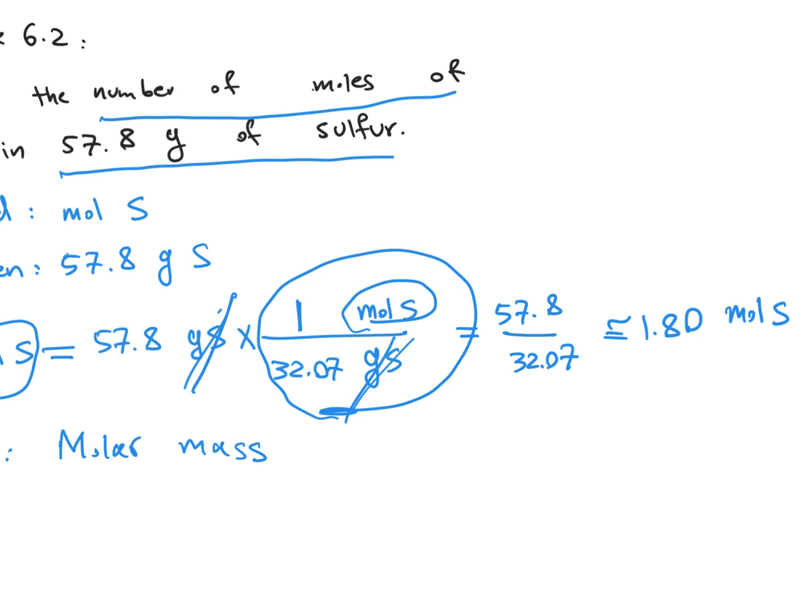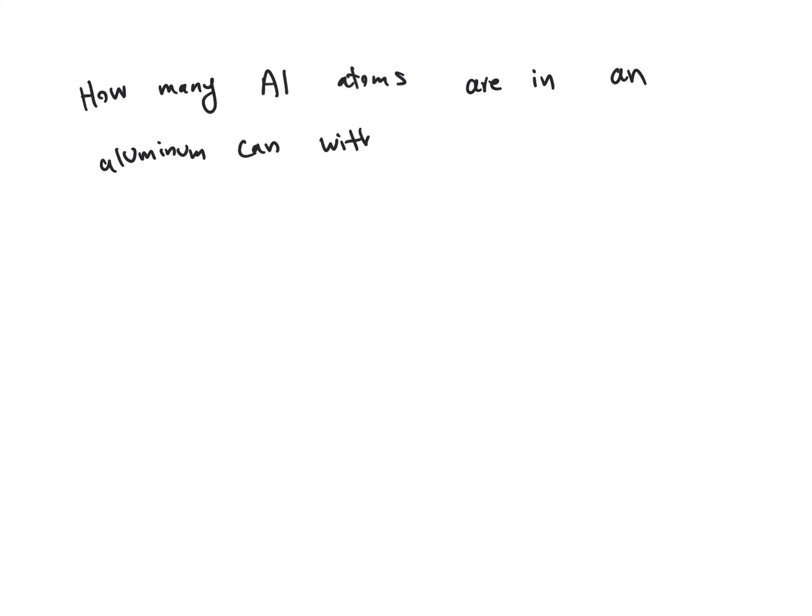Now, let's do another example. How many aluminum atoms are in an aluminum can with a mass of 16.2 grams?